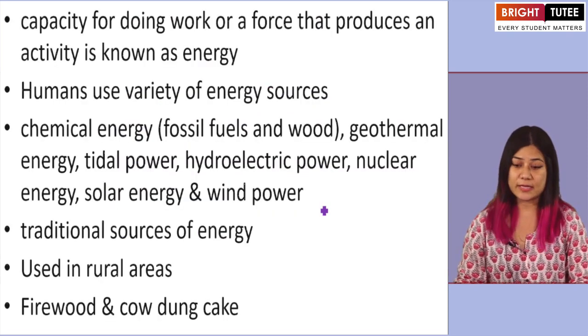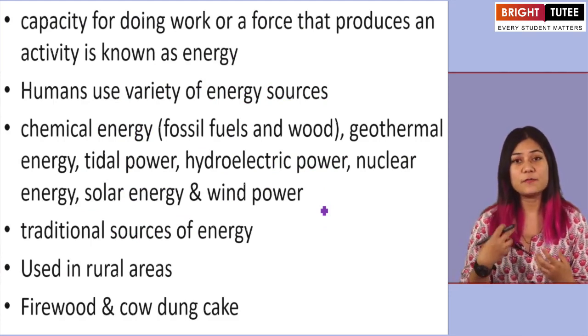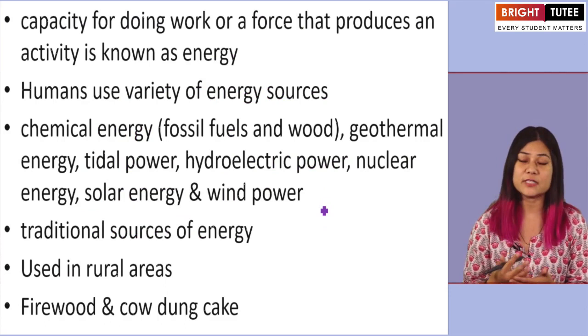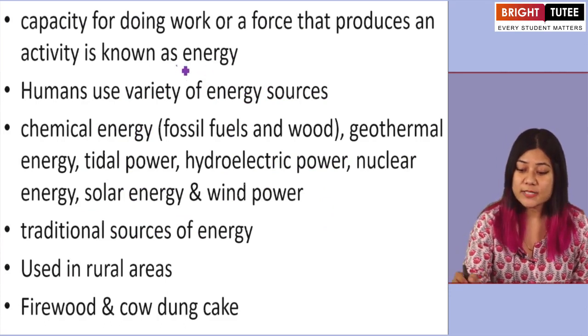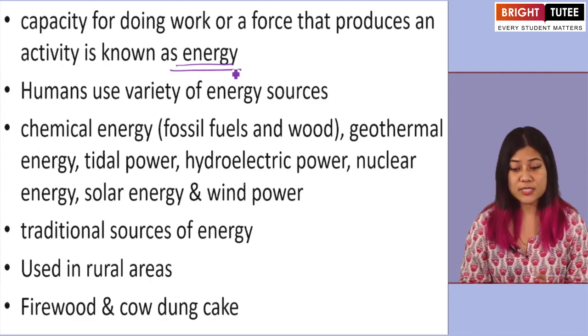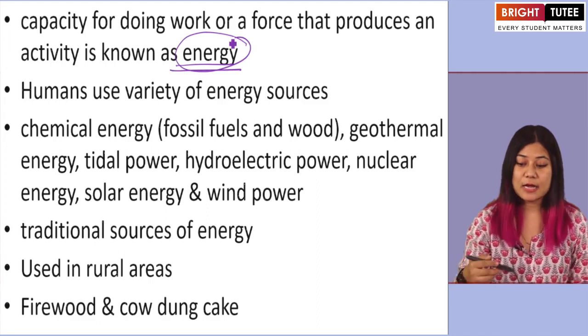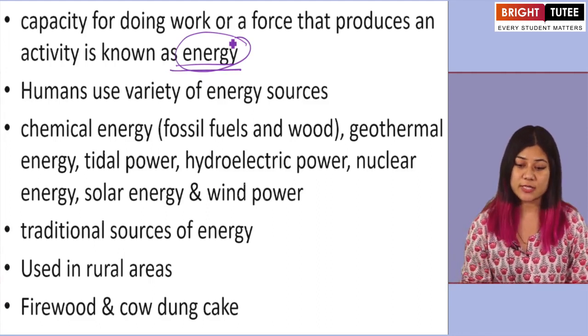So let's begin. The first thing that we come across in this chapter is called energy. When we deal with power resources, we come across a term called energy. Now let's look at what energy is.